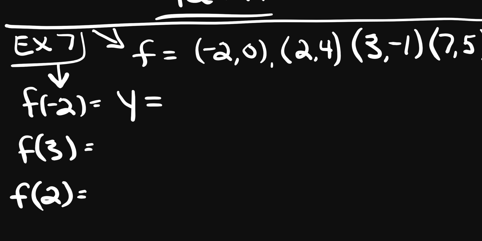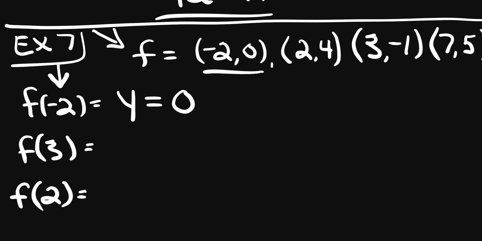So if I look at my ordered pairs, I see this negative 2, 0 is the one I want, because negative 2 is x, and 0 is my resulting y. And remember, for this to be a function, all the x values have to be different. They can't be the same value.